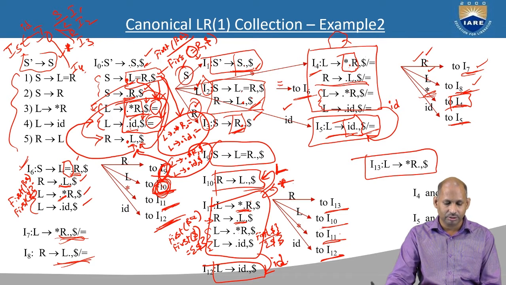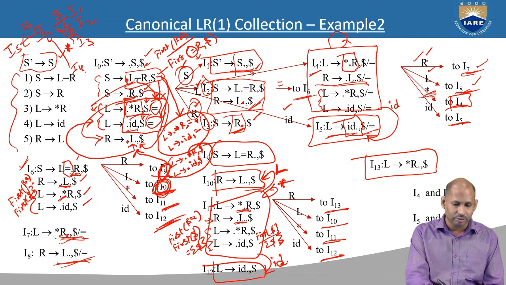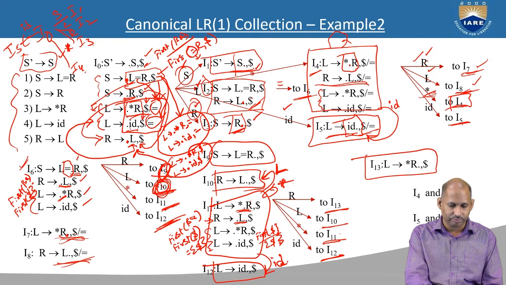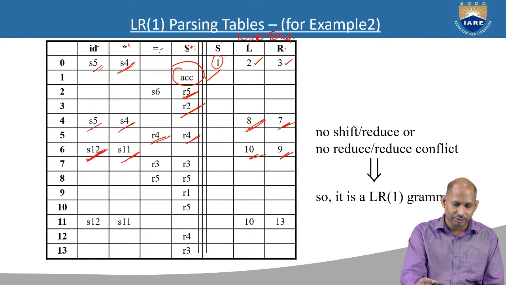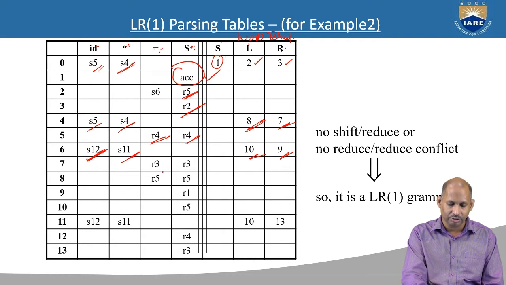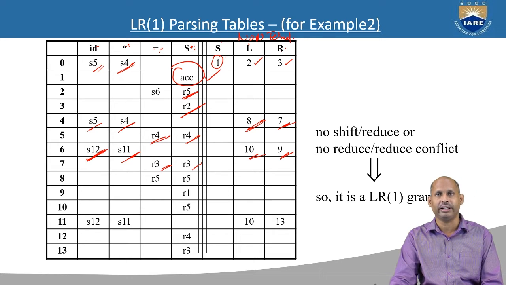Then I7, dot and production number 3. And there are two symbols. For both symbols, we are writing production number 3: R3, R3, under both symbols, assignment and dot.